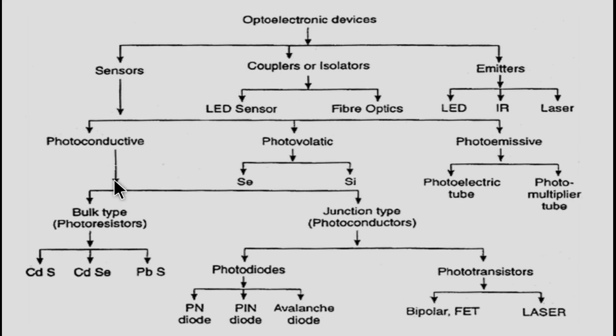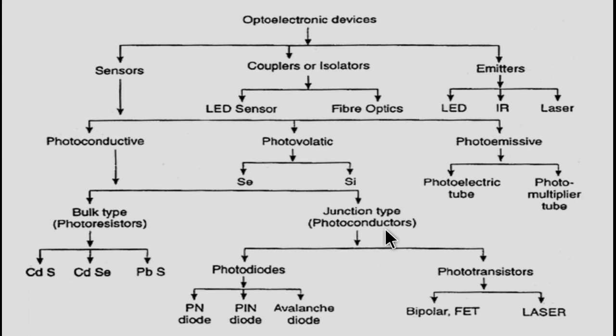There are two types. The example is the photoresistor, that is the light dependent resistor, LDR, made of cadmium sulfide, cadmium selenide and lead sulfide. And further we have another type, that is the junction type.